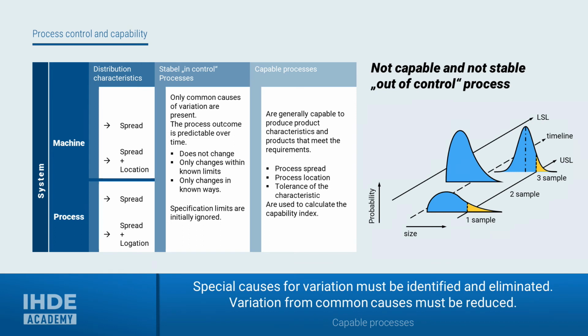Can there also be an out of control but still capable process? Well, in principle, yes. This is when, in the case of a process that is not in control, for example, an automated 100% check of a characteristic ensures that only products that conform to the specification are passed on.